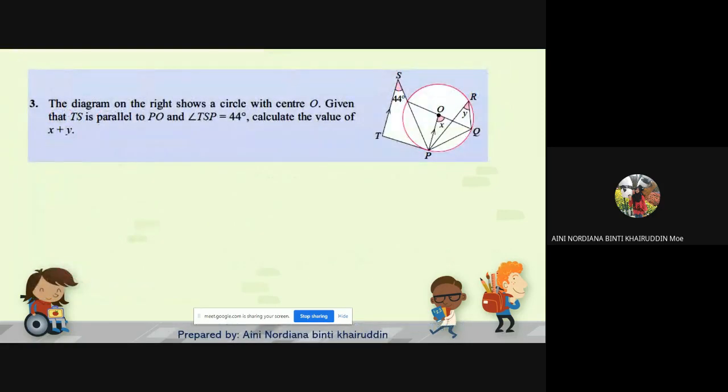Okay, question number 3. The diagram on the right shows a circle with center O. Given that PS is parallel to PO and angle TSP is 44 degrees, calculate the value of x plus y. So this is x, this is y.